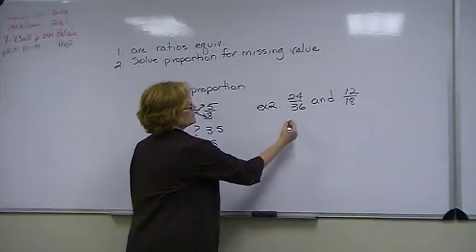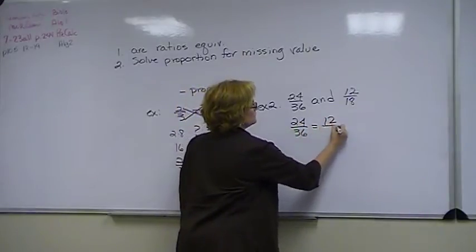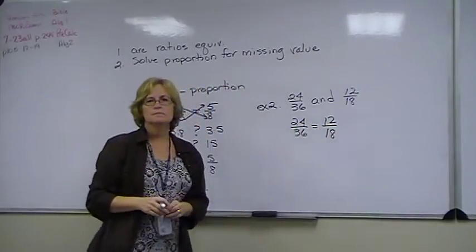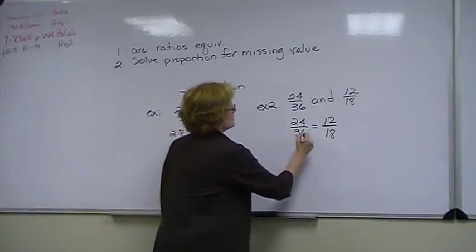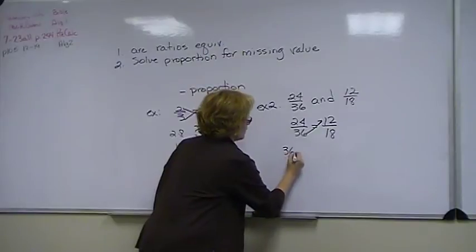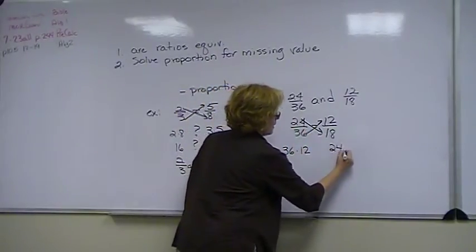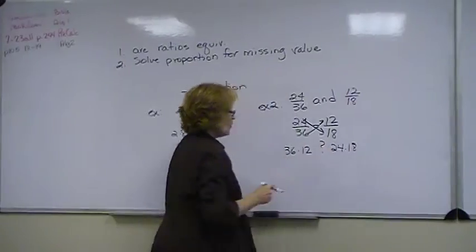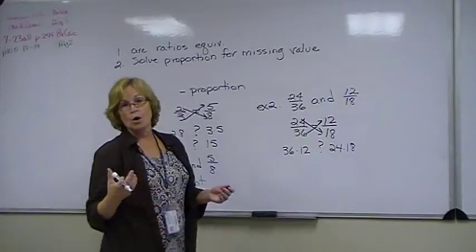So step 1 is I'm going to create a proportion. Step 2, I'm going to cross multiply. And my question is, are those products congruent or equal?